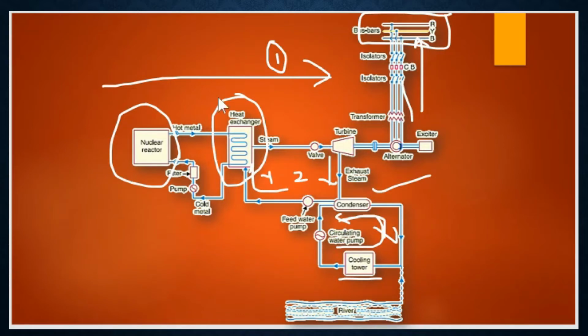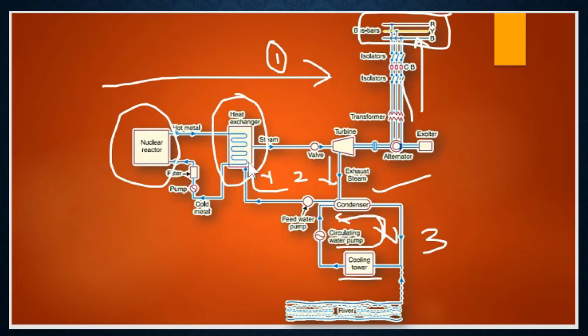So the first path is like this, the second path is to the condenser, and in the third path, what are we doing? We are converting the steam into hot water by circulating the cold water from the cooling towers, and that water we are feeding into the heat exchanger again.